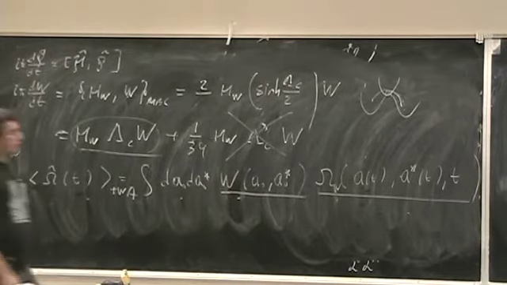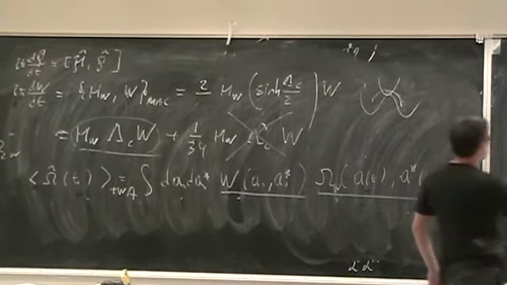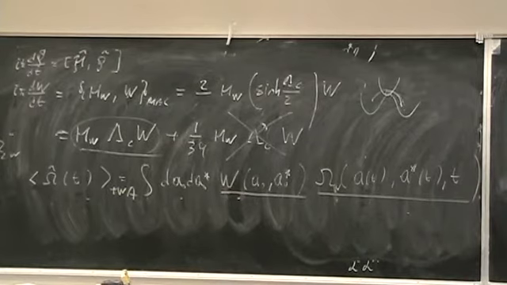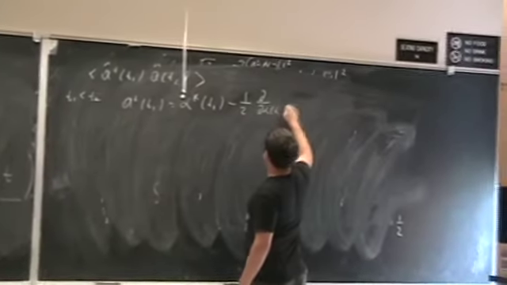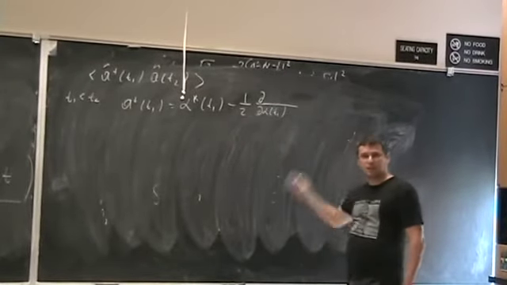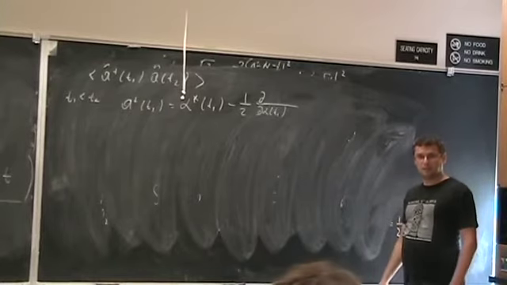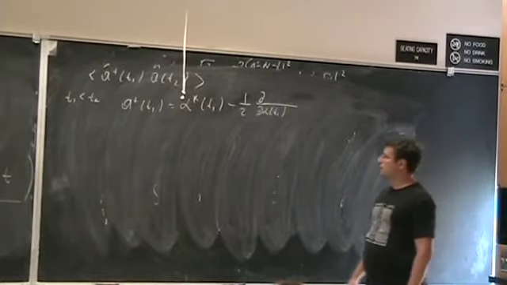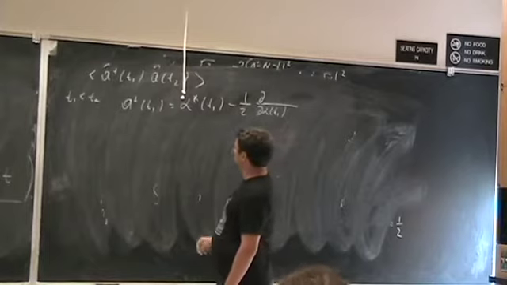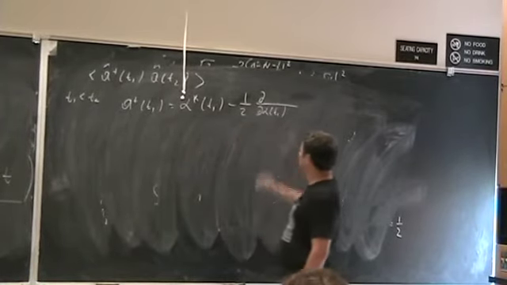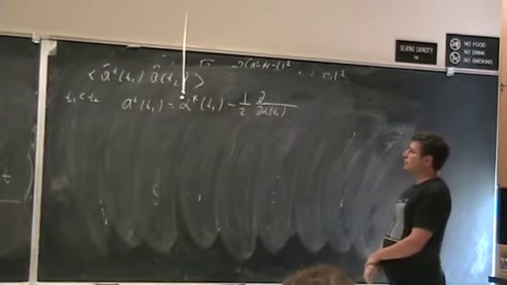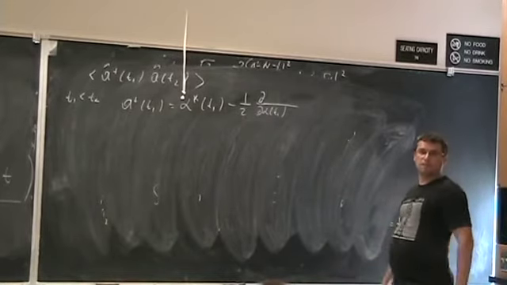I will say that my A dagger of T1 will be alpha star of T1 minus 1/2 d by d alpha of T1. I just add indices here. And same with A of T2, plus d by d alpha. So I add indices, but now I need to interpret what I mean by this.